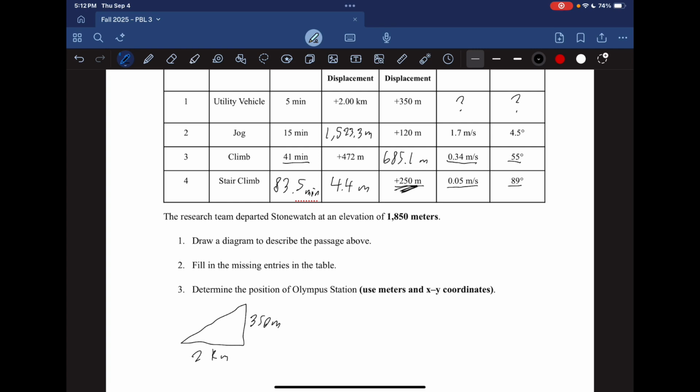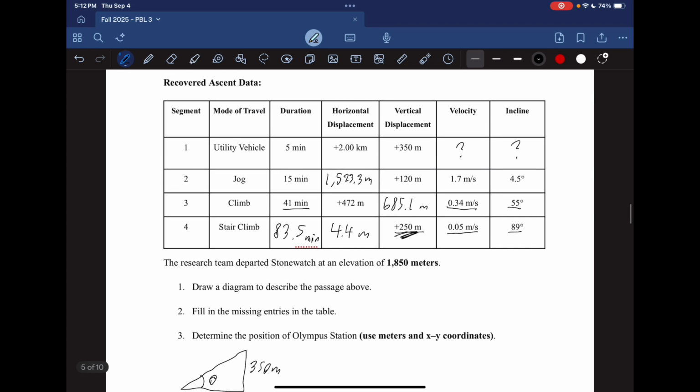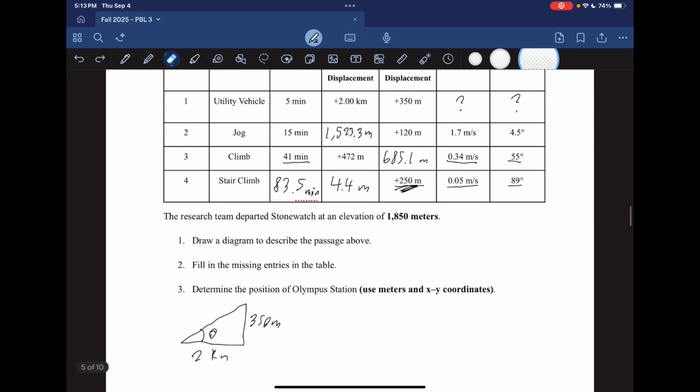So you can use tangent to find this angle theta. And then you can use the duration that it takes to travel either of these distances to find your velocity. But it's not required for this problem. A lot of physics problems that you encounter, you can really get into it and you can determine a lot of things about the problem, but you don't need to.